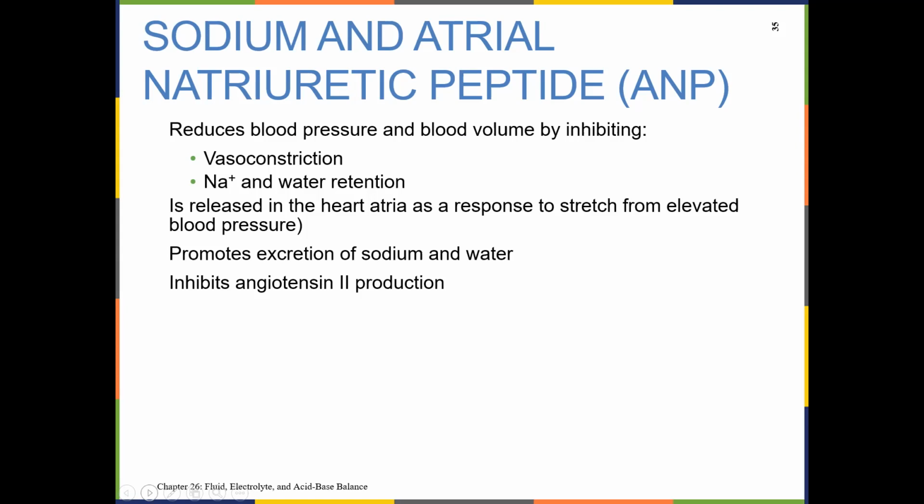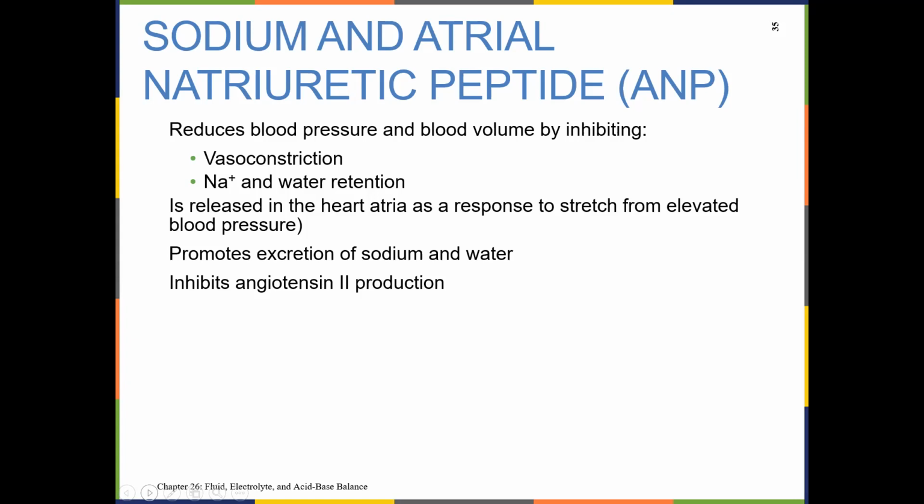We know that angiotensin II is a very powerful vasoconstrictor. We know that we can release norepinephrine as a vasoconstrictor. We also know that aldosterone raises blood volume by retaining sodium and water. And if we inhibit these actions, then our blood pressure doesn't go up. The driver that triggered this is the stretch of the atria.